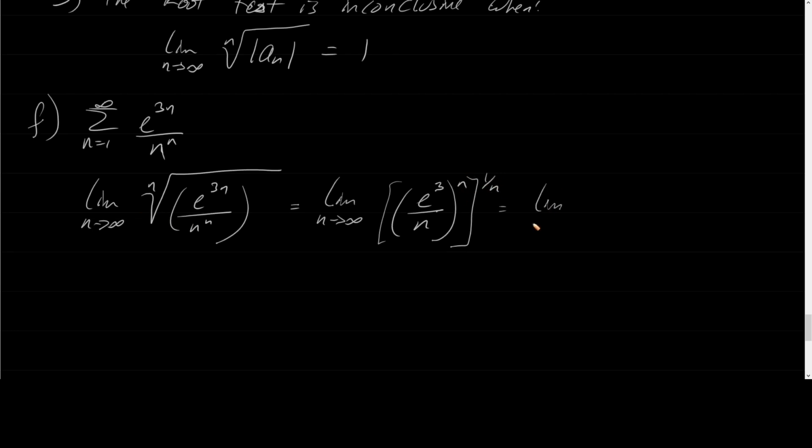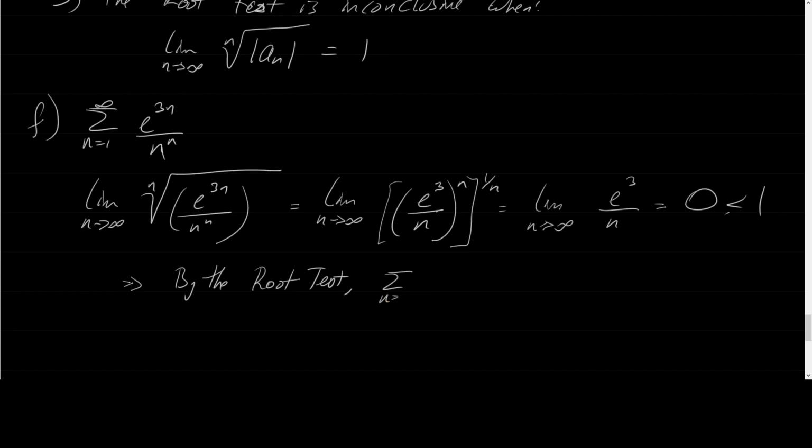So I just have the limit as n goes to infinity of e cubed over n, which is 0, because here n is getting huge, but e to the third is fixed. So at this point, 0 is less than 1. So by the root test, our series converges.